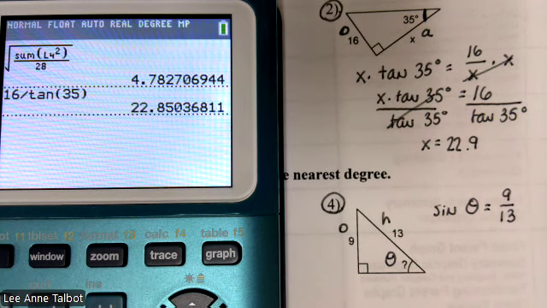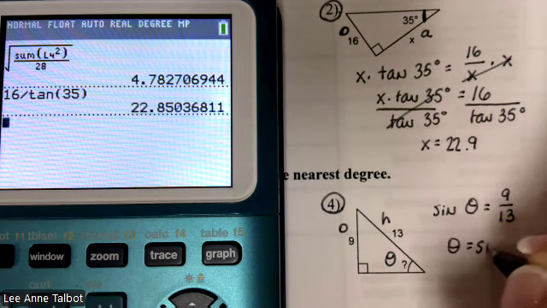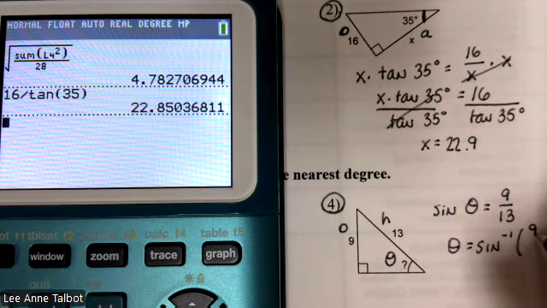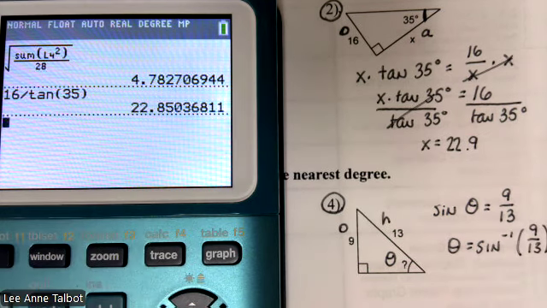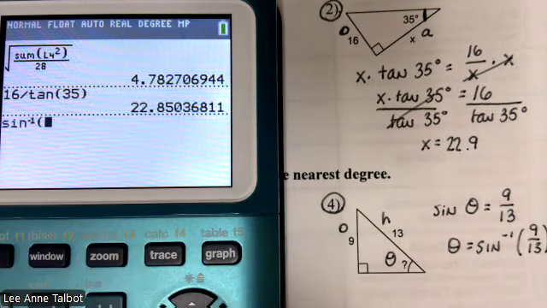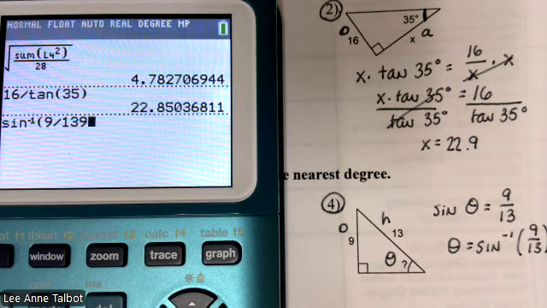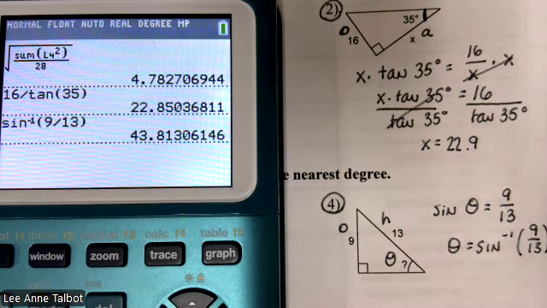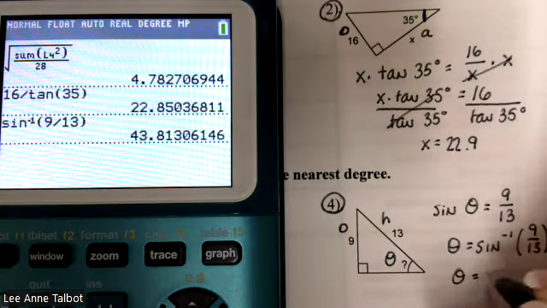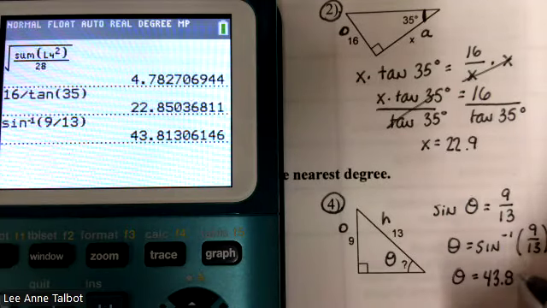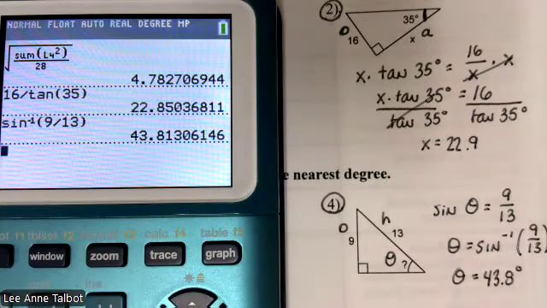What's wrong? You sure? Sine inverse. 43.8 degrees.